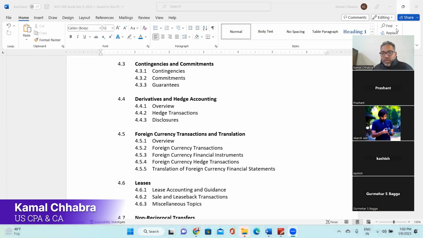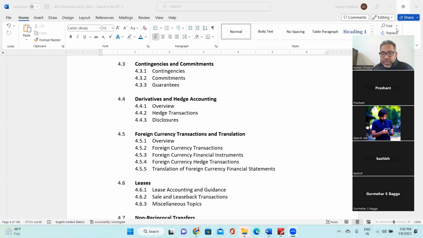Any purchase, any sale, any borrowings, any loan, any advance, right? Those all come under the transaction. And whatever is the balance lying at the year end or at the financial statement date, that balance you are converting with the closing exchange rate is called translation.